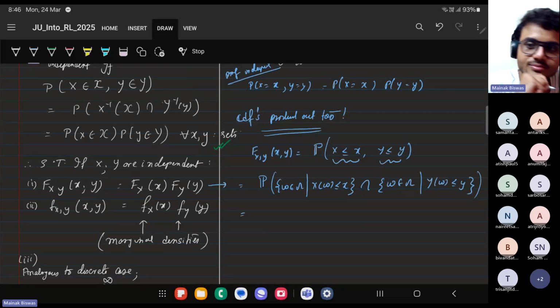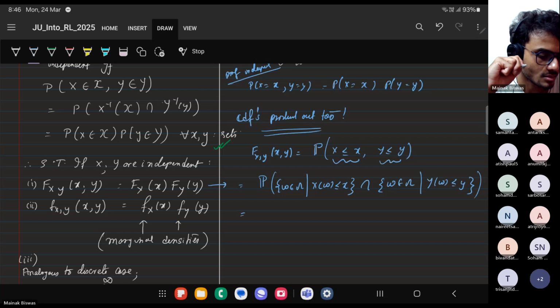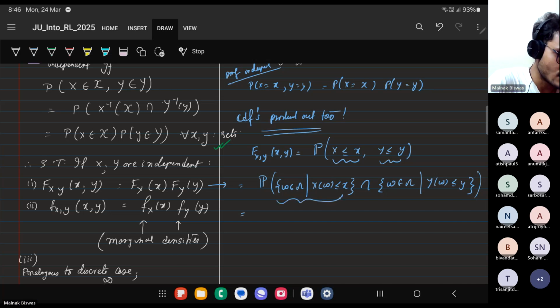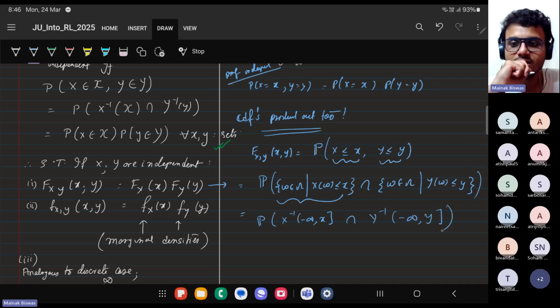Yeah, tell me. So this is X inverse of minus infinity to x, intersection Y inverse of minus infinity to y. Right, so all the pre-images will be coming up over here.